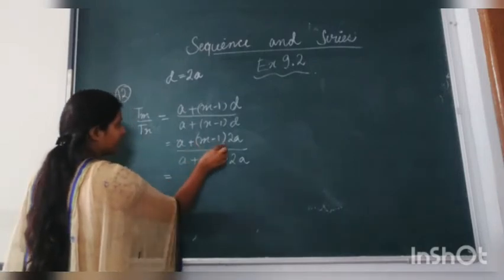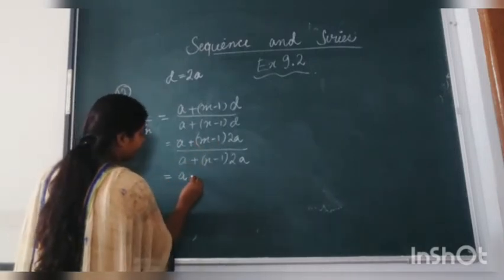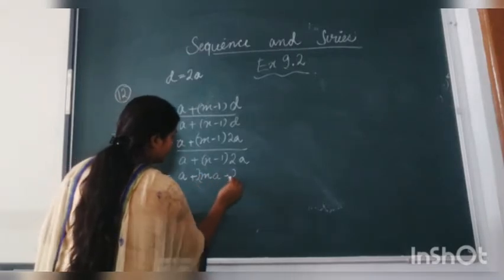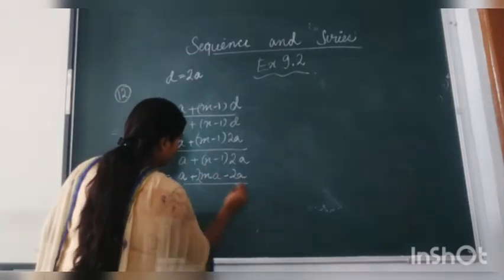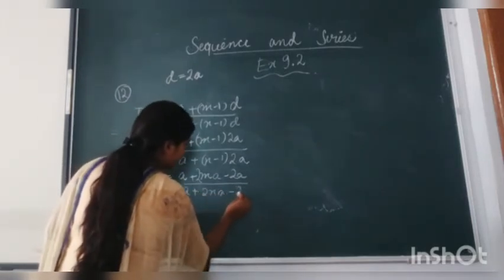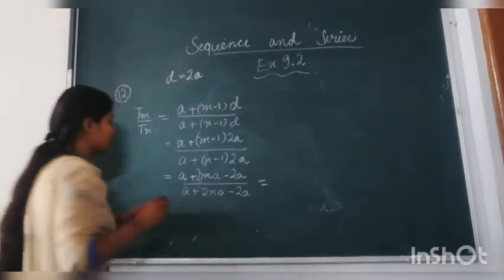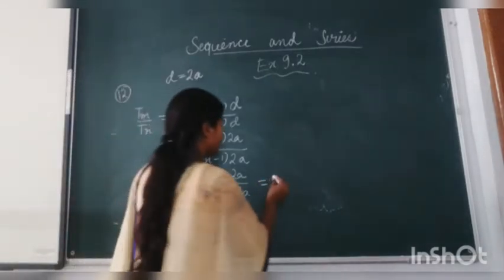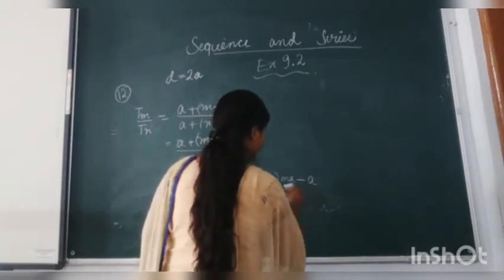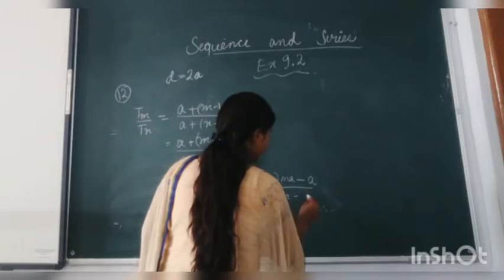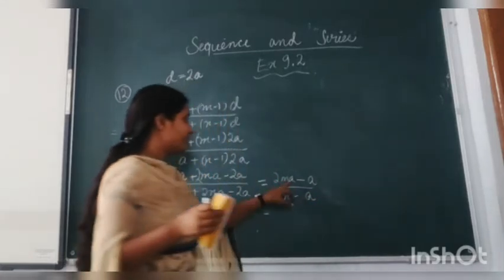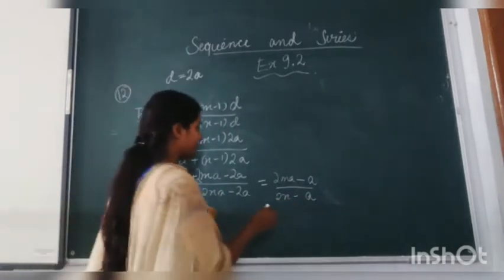That is, we open the bracket and we have a plus 2na minus 2 upon a plus 2na minus 2, which is equal to 2na minus a upon 2na minus a. Now from here we have a in both the terms, so we can take a common.